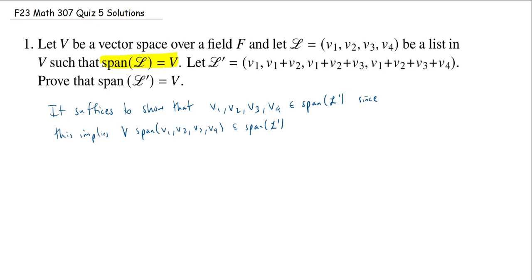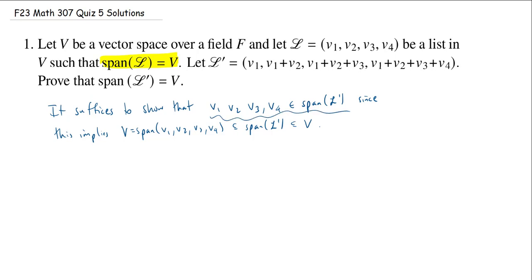And we already know that V is equal to the span of these vectors. And, of course, the span of L prime is contained in V. And so since we start and end this chain with V, we must have equality all along the way. All right, so this is what we have to get at.